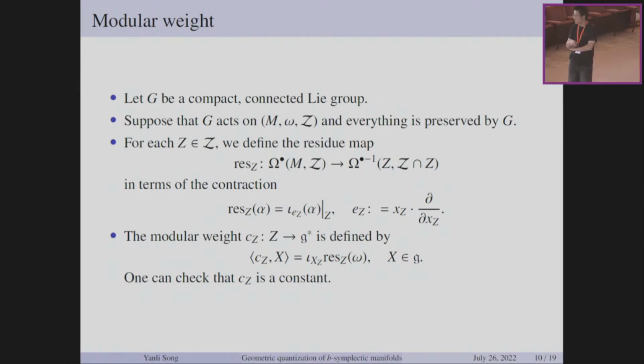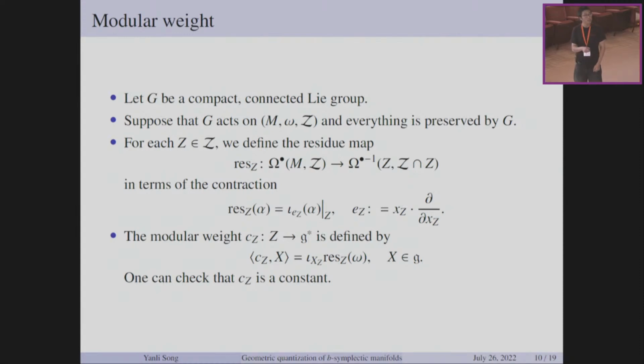This modular weight is important because of how you think about it. For each hypersurface, the momentum map, in general, should be proper, but this modular weight tells you in which direction it goes to infinity, roughly speaking. This is my own understanding; of course, there may be some other interpretation of the modular weight, but it will play an important role in the b-symplectic manifold.